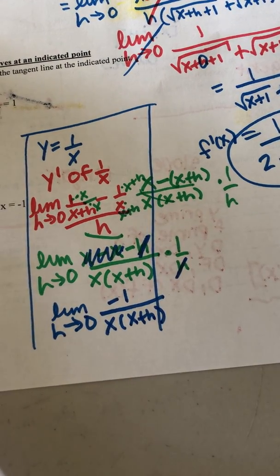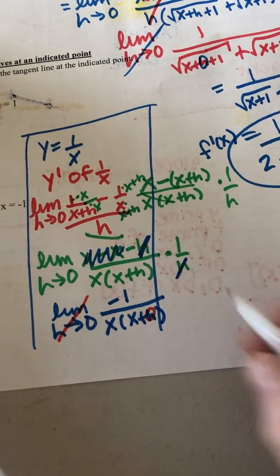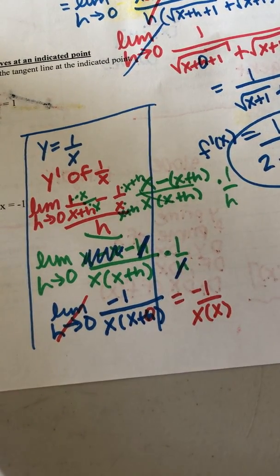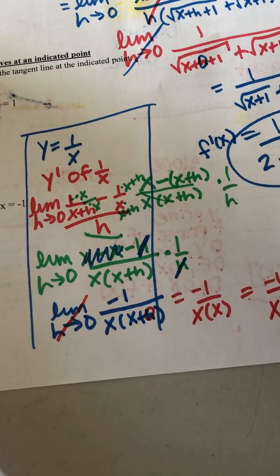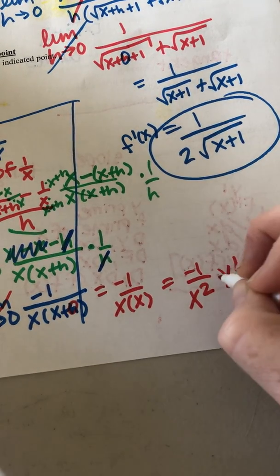There we go. Now we can take the limit because we won't be dividing by 0. So this is negative 1 over x times x, negative 1 over x squared. That is your y prime of x.